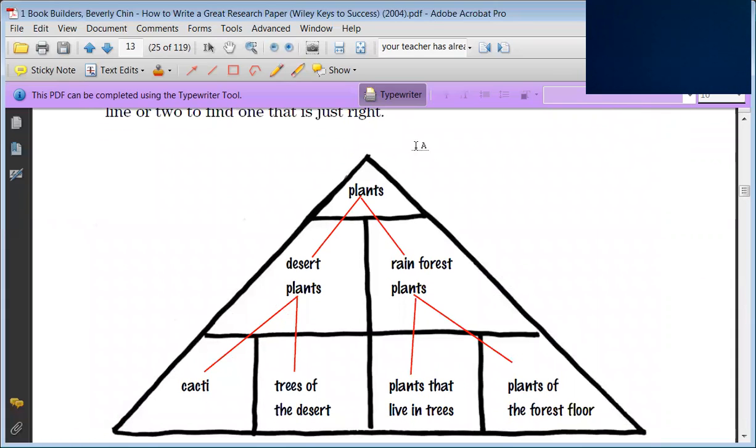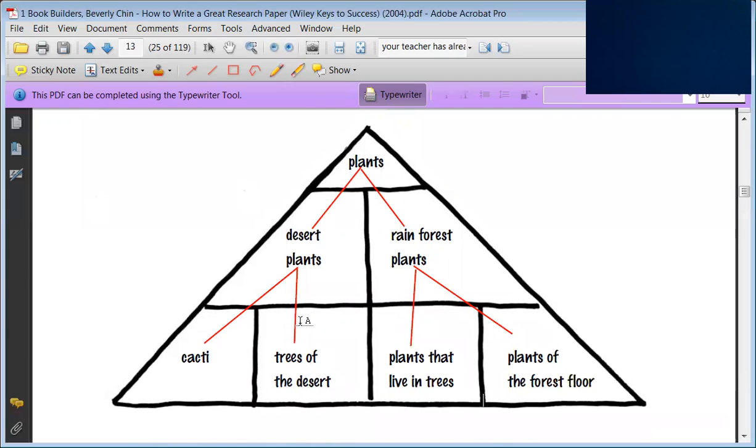As you can see, the same topic, plants, but this is very general. So we have divided it into two topics, and then each topic is divided into two topics as well. As you see, we divided plants into desert plants and rainforest plants, and then the desert plants is also divided into two kinds, and the rainforest plants also into two kinds.